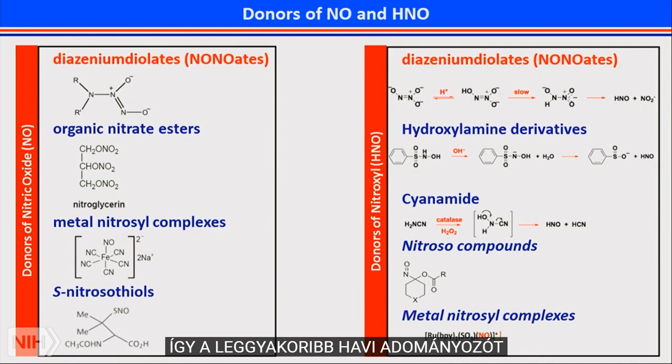One example is nitroglycerin, which is used for angina pain. This molecule was first discovered by Alfred Nobel, and it was basically the precursor for explosives.